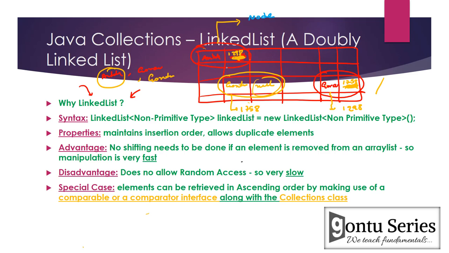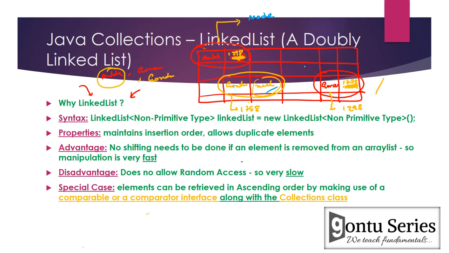So this is called one node, this is called another node, and this is called another node. So in a linked list, this node points to another node, and this node points to another node, and this node points to another node. Because there is no further node to that, this node is pointing to null. Null means there is no further node to that.